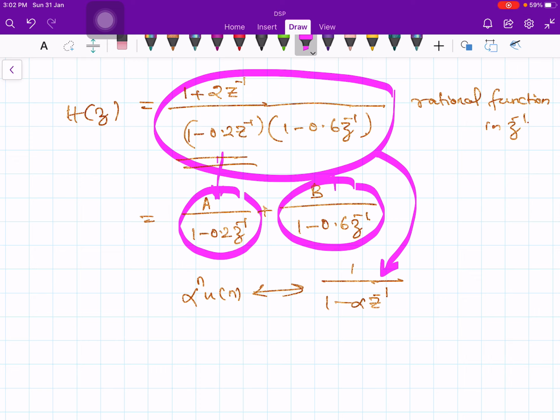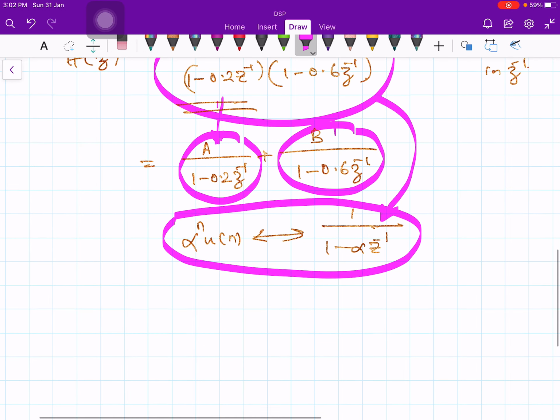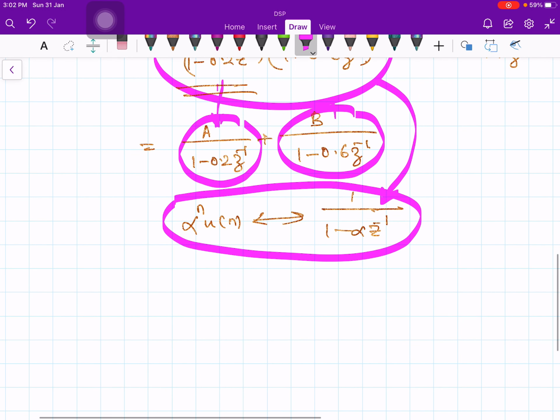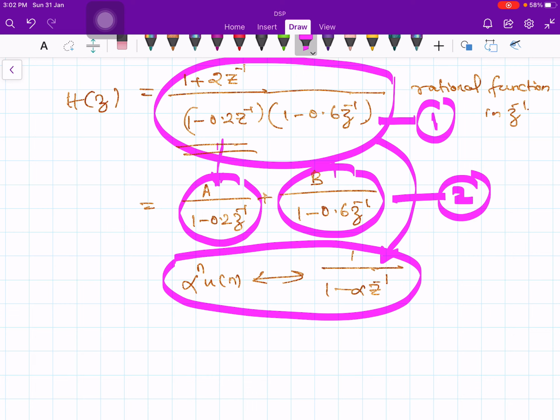Once I know the value of A and B, then I can invoke this formula to find out the inverse Z transform. So if you can express equation 1 in equation 2 form, then your job is done.